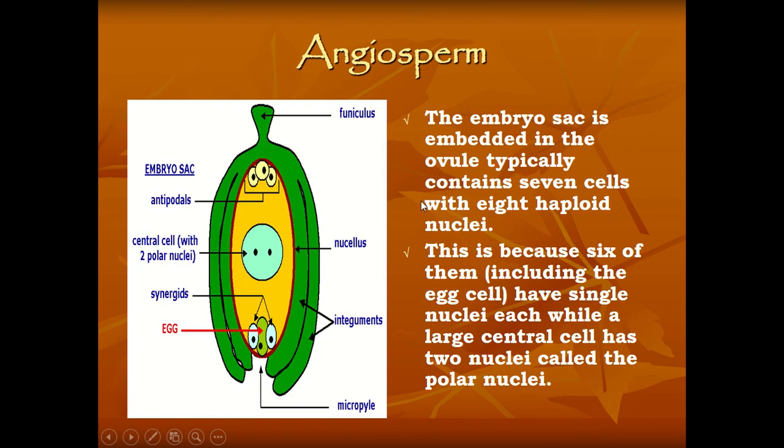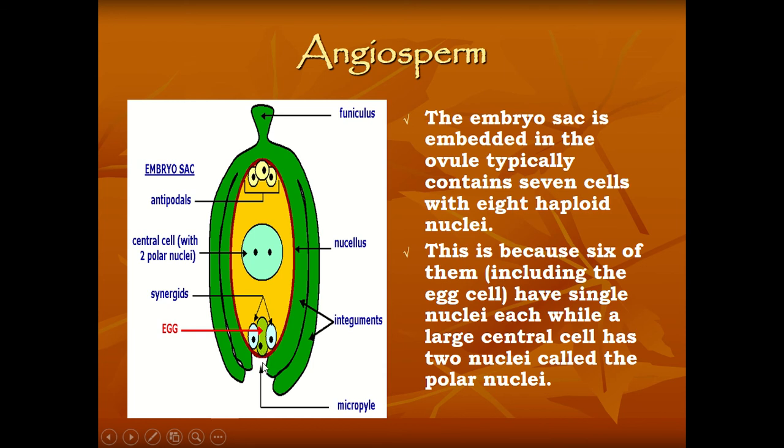The embryo sac inside the ovule will develop and contain three antipodal cells, two polar nuclei, two synergid cells, and only one egg that attaches to the micropyle pore on the ovary, known as the micropyle.